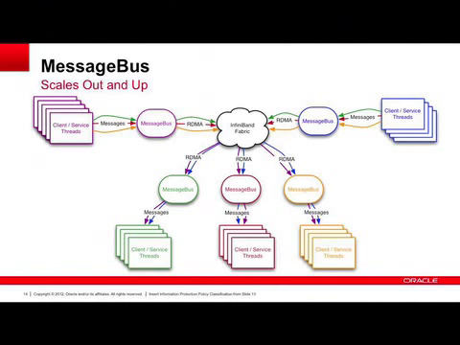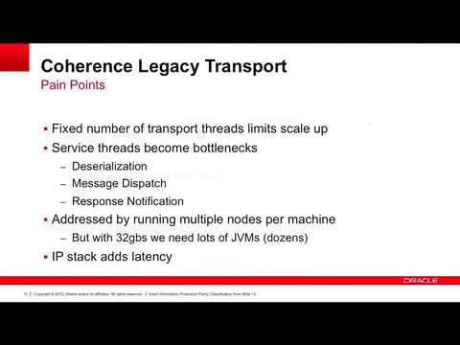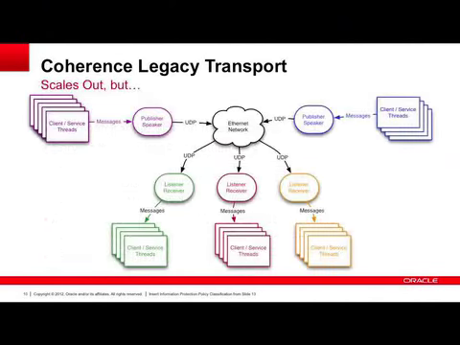The other thing we did with MessageBus is we introduced the idea of having a separate MessageBus per service. Rather than the legacy implementation, the datagram-based transport, where on a single Coherence member we've got a single publisher, a single receiver, and all of the messaging going through Coherence is funneled through these 1 or 2 threads.